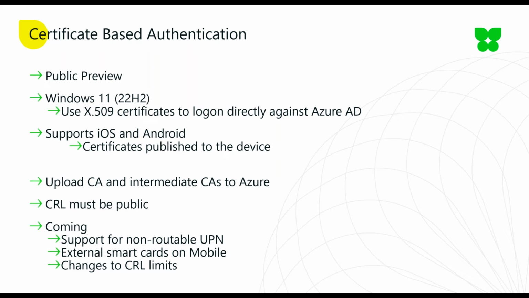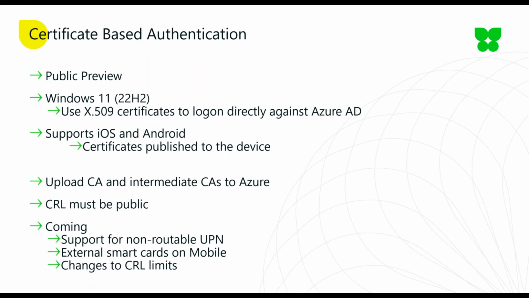Now that's not really a routable UPN, so it's very difficult for Azure to understand the UPN and be able to relate it to the UPN inside Azure Active Directory. But that support is coming.